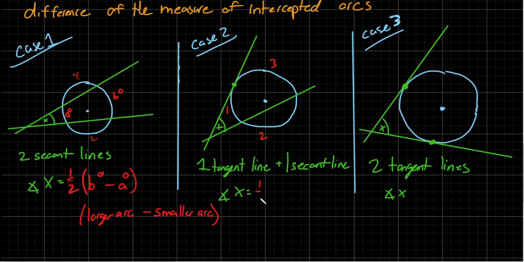So I'm finding the difference, with the same formula for all 3. So 1 has become A, and this one is B. So the difference of the larger one minus the smaller one. It's the same thing for all 3. It's just 3 different cases of the same theorem.